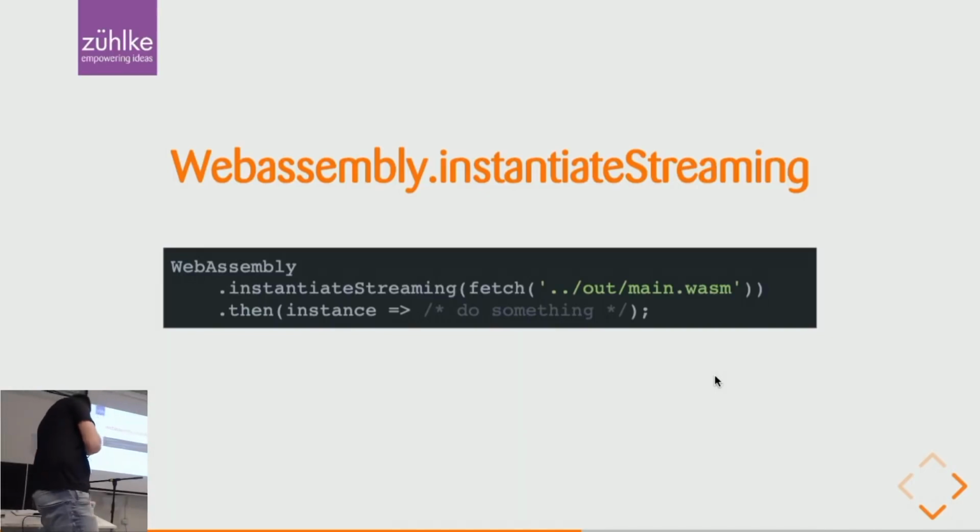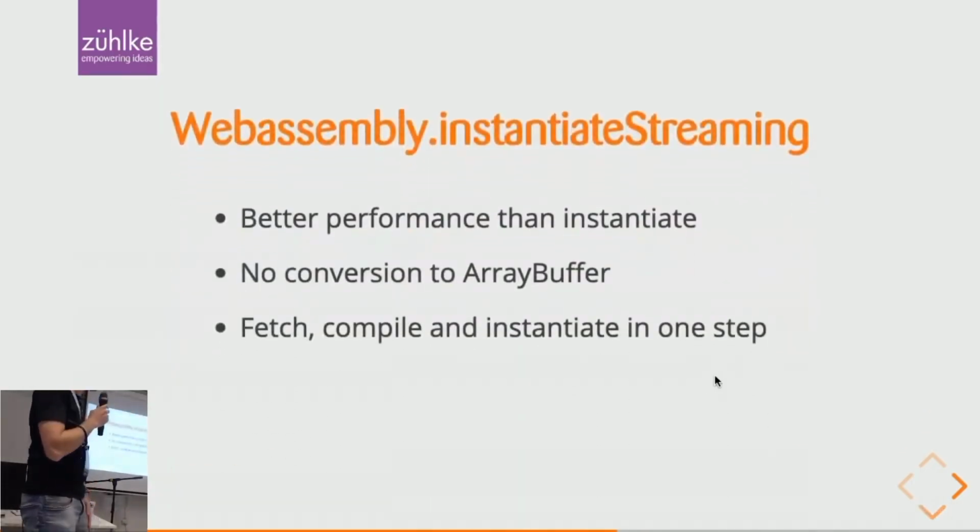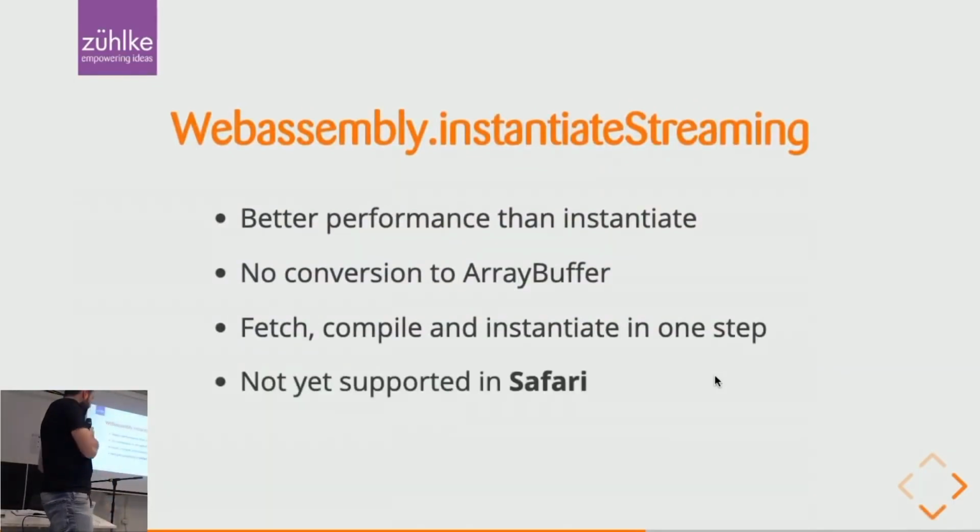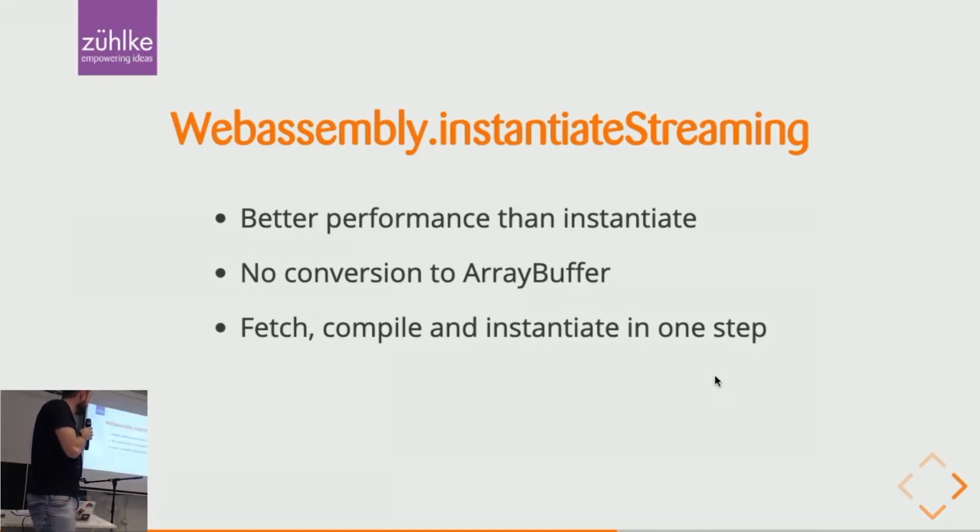This is cool and a little bit more performant when you have very big binaries. But unfortunately, we have a new IE here, so Safari is not yet on that, but they should have it hopefully soon. As of yesterday, I think it wasn't in there, but I hope it will be soon.